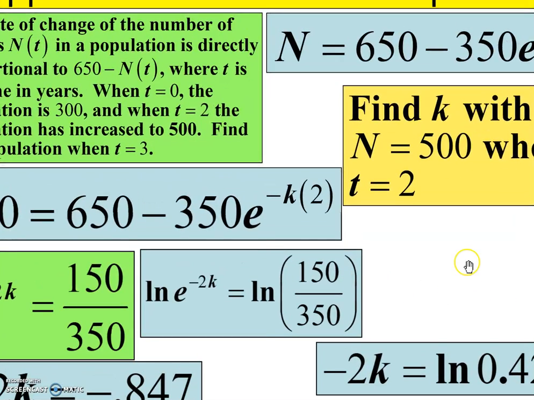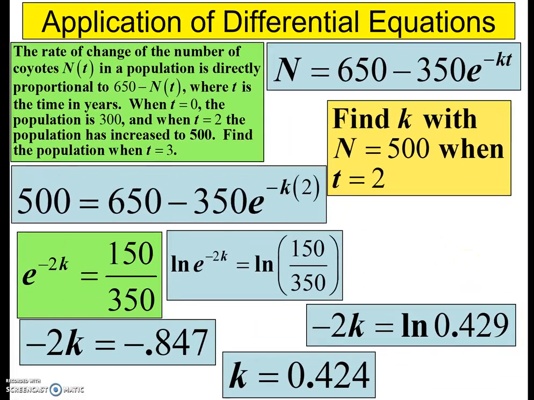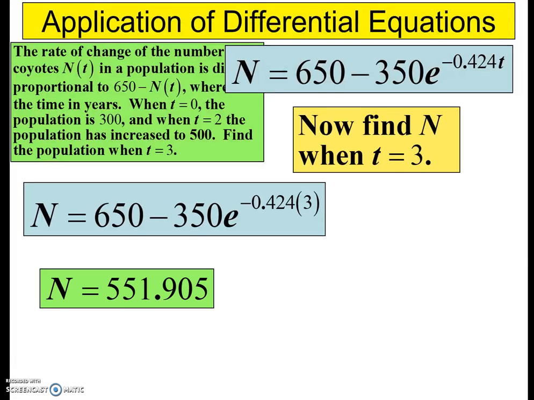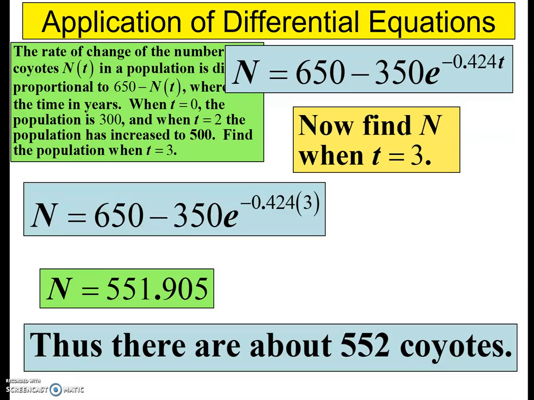Once I hit my calculator right here, I like to leave this number in my calculator so that it's always answer, answer, answer, just to make my final 3 decimal places as accurate as possible. And so now that I have my equation, I'm going to go ahead and plug in 3, and there's my answer. There's about 552 coyotes in 3 years.